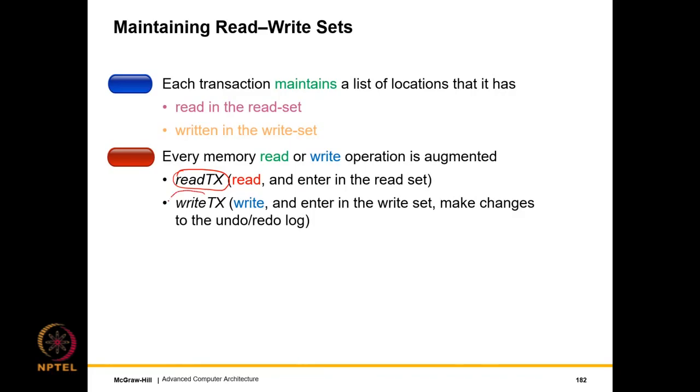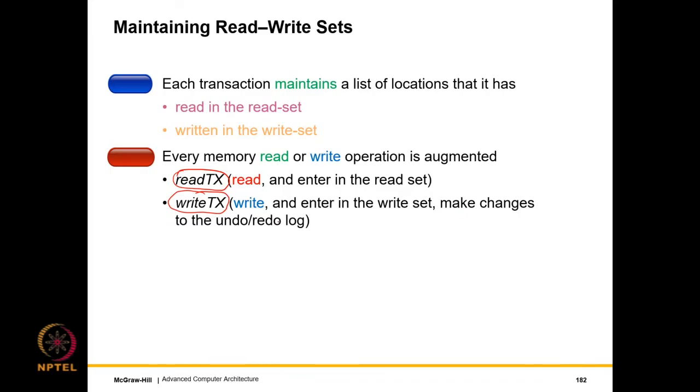write_tx is the analogous function for a write operation, where you are sending the fact that you want to write, and of course the details of the variable. That is implicit over here. And we enter the address in the write set if it's not already there. In addition, whatever changes are required to the undo or redo log are done.